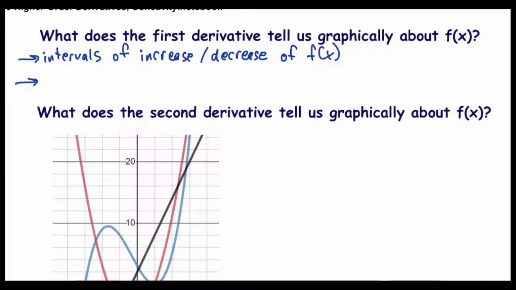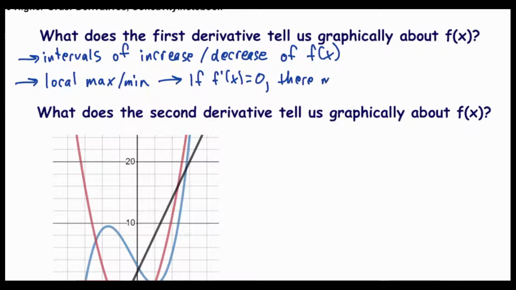Increase of our original function, f of x. We can find local max and min. So we can find points within a region of the graph. We can find where the derivative equals 0, and generally there's going to be a local max or min here. So if f prime of x equals 0, there might be a local max or min.